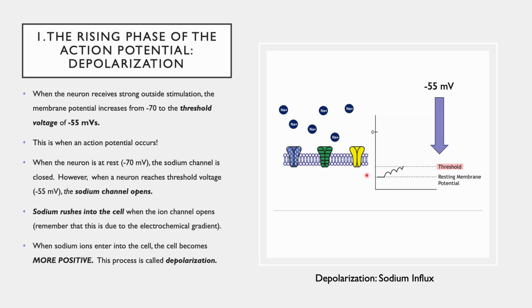Now we know if some external sodium comes into the neuron, this is going to go through a selectively permeable sodium ion channel, and this small influx inside of the cytosol of the cell is going to make it more positive. If the cell reaches about negative 55 millivolts in its cytosol, this is when an action potential can potentially occur.